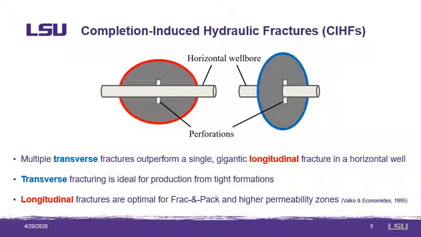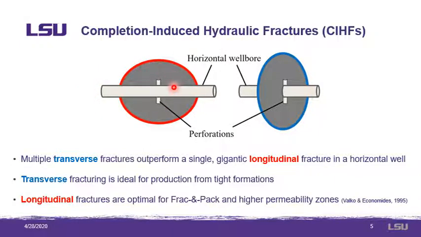Generally speaking, for application in low permeability formations, like unconventional shale, transverse fractures on the right are more desired from a productivity perspective. A horizontal well with multiple transverse fractures will outperform the same horizontal well with a gigantic longitudinal fracture.